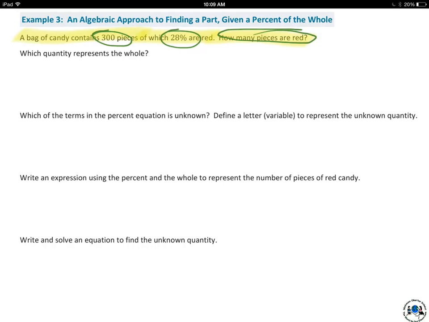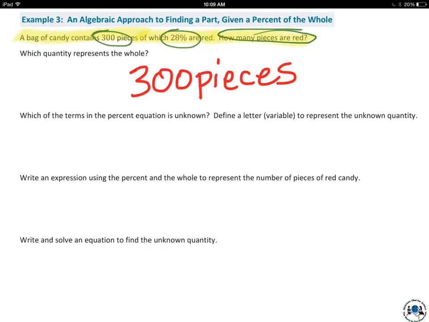Which quantity represents the whole? Well, that's the 300 pieces of candy. I'm just going to say 300 pieces. That is our whole. Now which of the terms in the percent equation is unknown? Define a letter or variable to represent that unknown quantity.